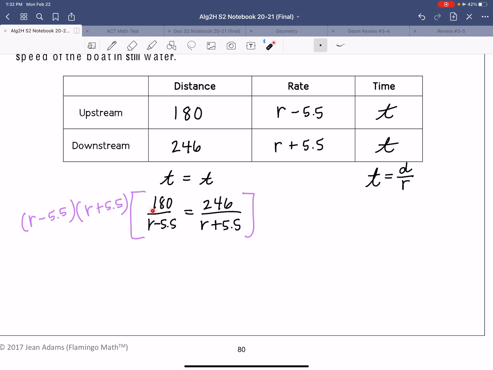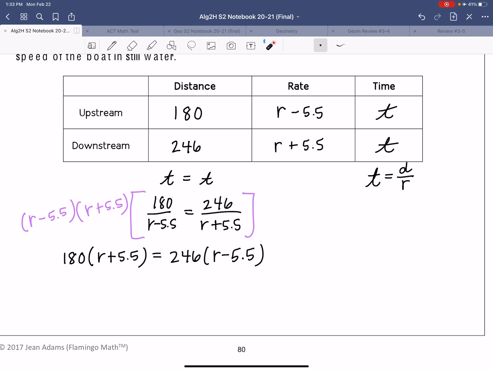So I end up getting 180 times r plus 5.5 equals, and then I'll get 246 times r minus 5.5, because these two cancel, so this times this.